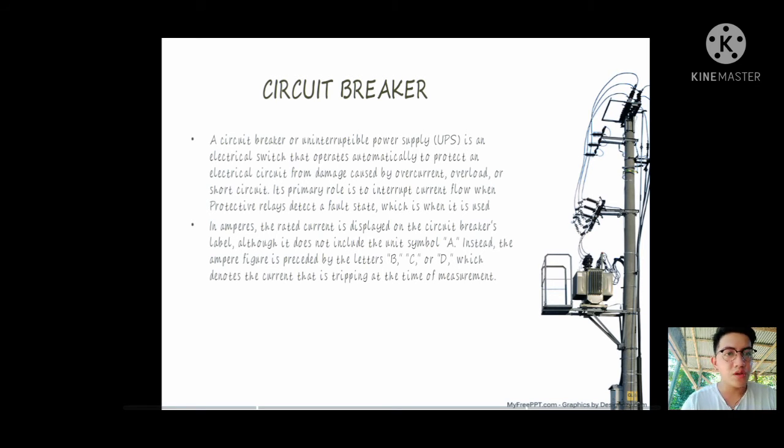So napakahalaga ng ating circuit breakers kasi nga ito rin isa sa mga interruptible power supply. So ito rin is pinoprotektahan niya yung ating electrical circuit from the damage na nagdudulot ng overcurrent and overload or other short circuit.